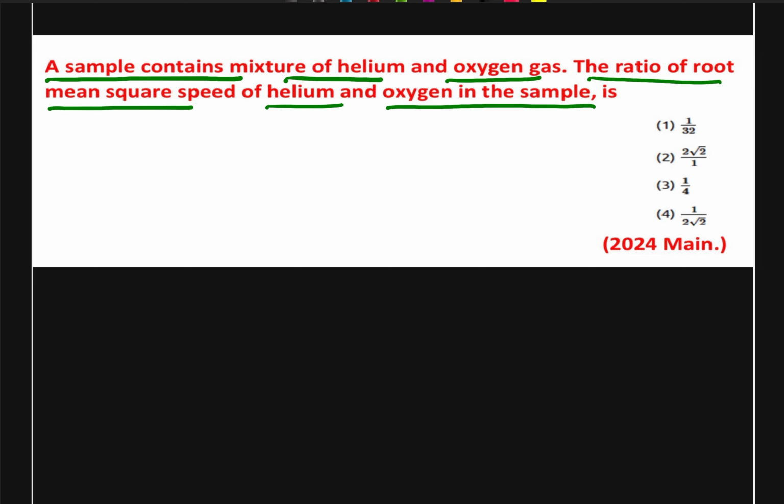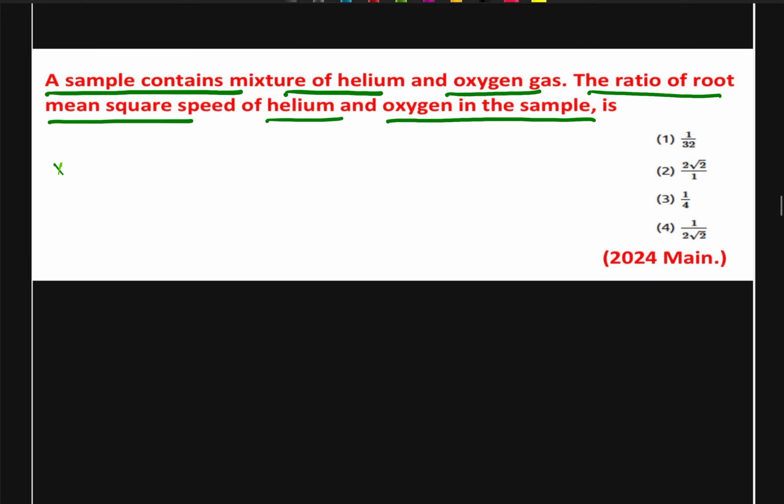So in this case, we are going to start with our basic formula for the root mean square velocity. We know the formula for the root mean square velocity, V_RMS, is equal to the square root of 3RT divided by M, where this M is our molar mass.